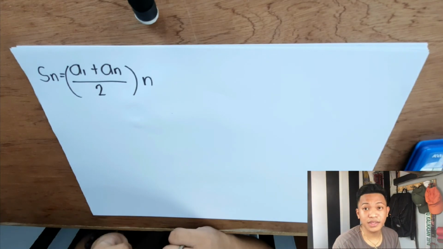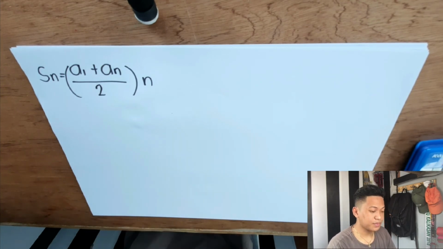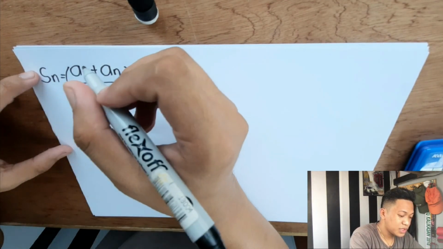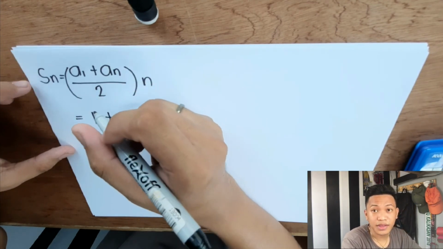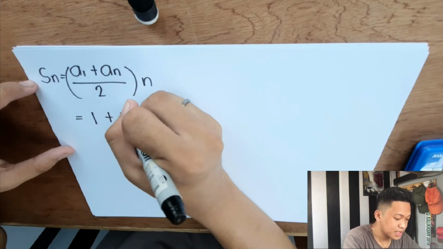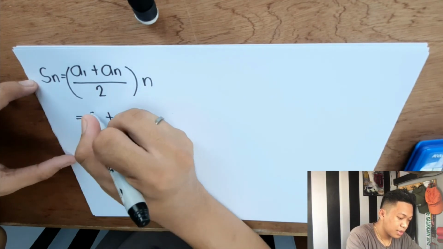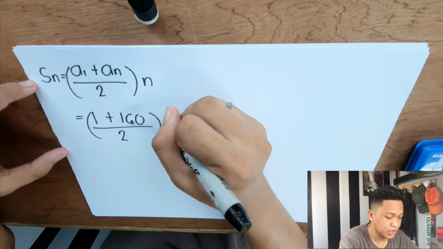Yung ating A1 is our first term, and our last term is yung An, and yung n is the number of terms. So let's substitute A1, which is number 1, our first term, plus An, yung ating last term, which is 160, divided by 2, times n, the number of terms, which is 160.